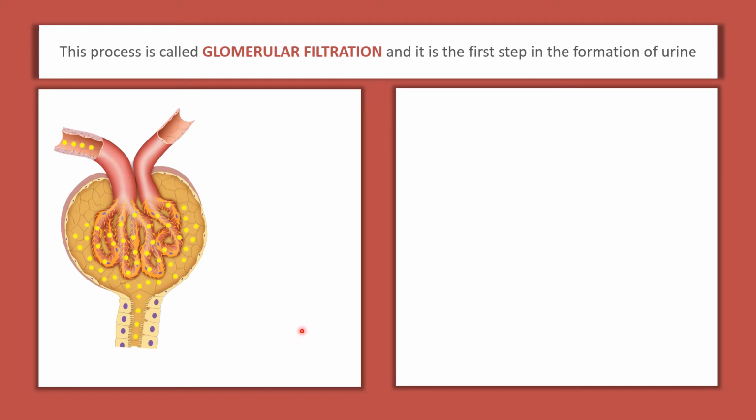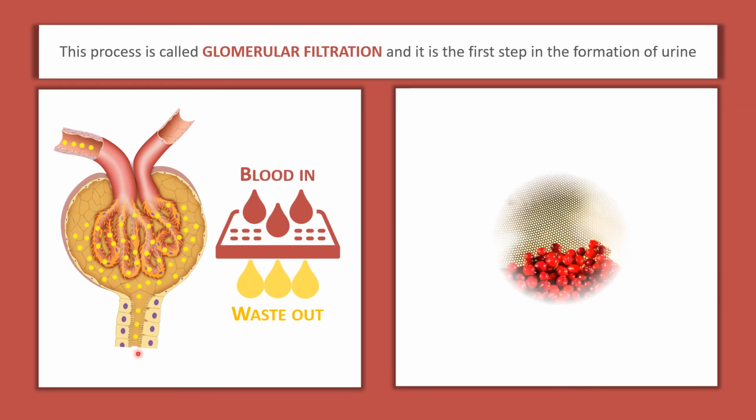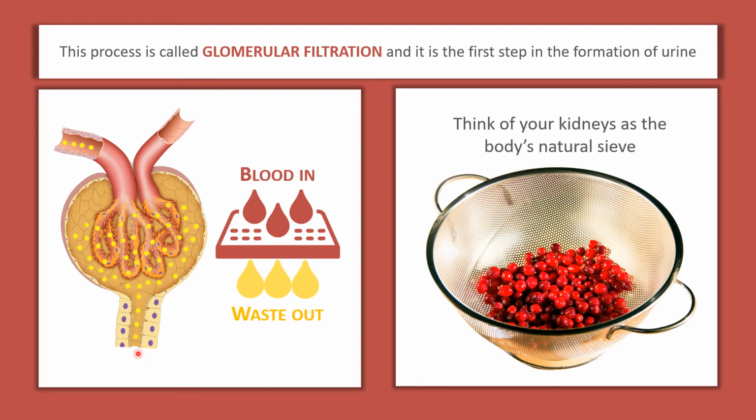So the process of making urine, the first part of that process is called glomerular filtration, and it is exactly what it says on the tin. It's how those blood vessels filter your blood. So one way of thinking is blood comes in, but waste goes out. I want you to think about your kidney as your body's natural sieve.